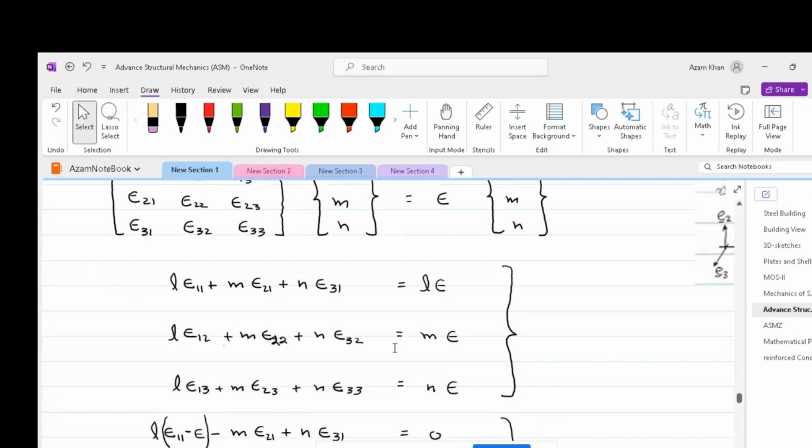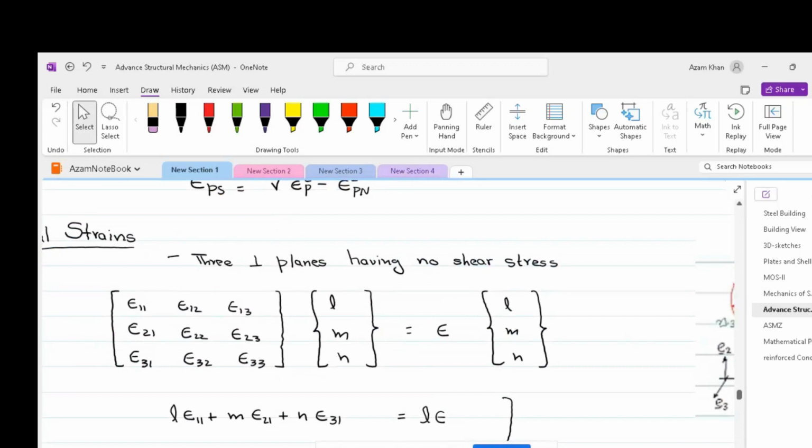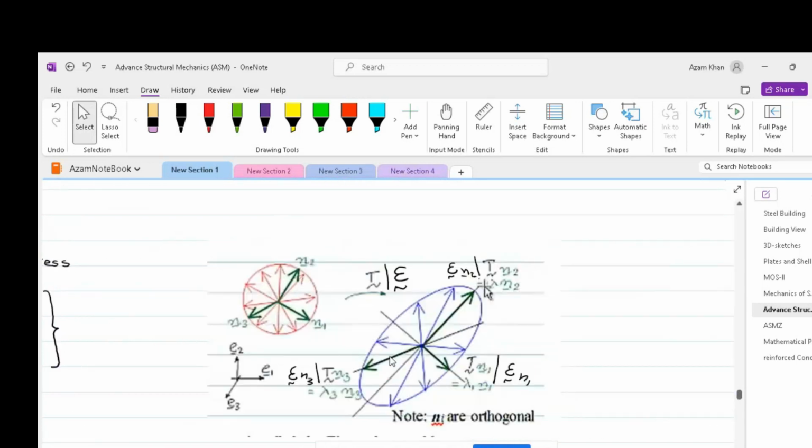We have to repeat this exercise two more times in order to get the three eigenvectors which will be in the corresponding three principal directions.